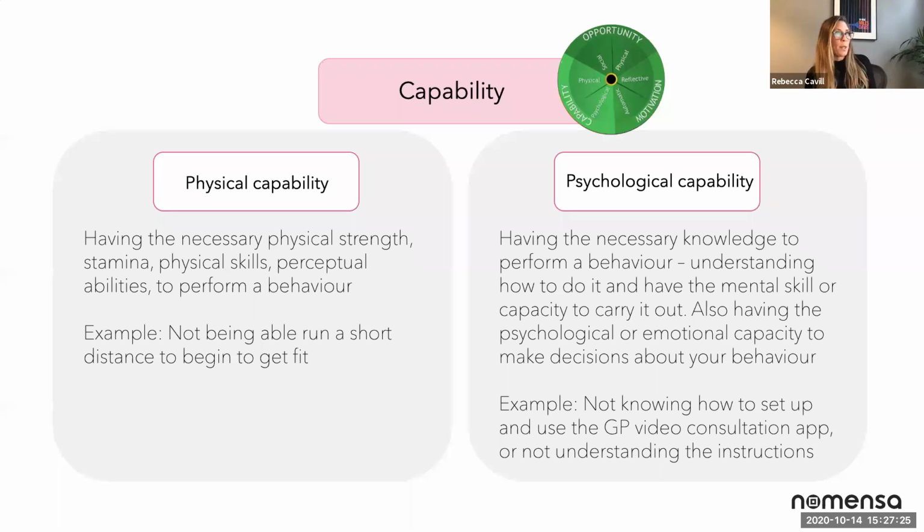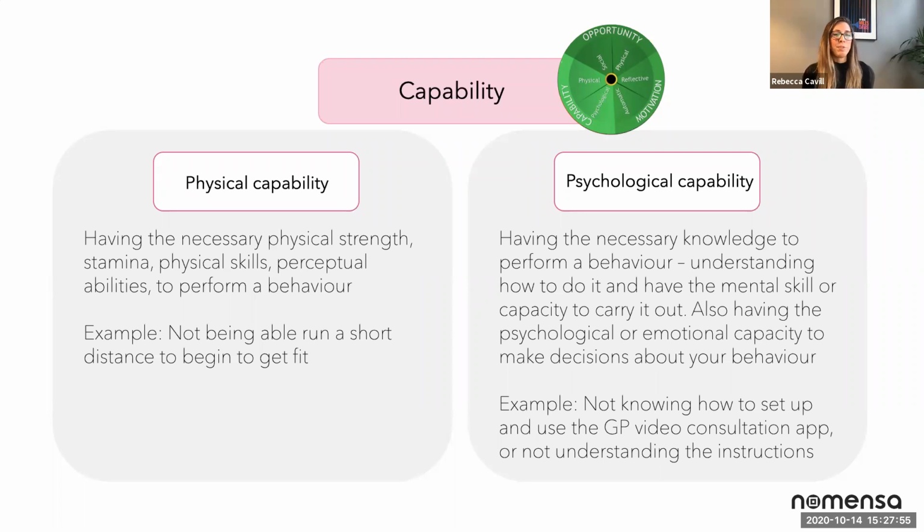Psychological capability is having the necessary knowledge to perform a behaviour, understanding how to do it, or having the mental skill or capacity to carry it out. So that's just about having the knowledge, but the psychological and emotional capacity to make decisions about your behaviour is also a really important one. For example, if you don't know how to set up and use a GP video consultation app, that's about knowledge and understanding.